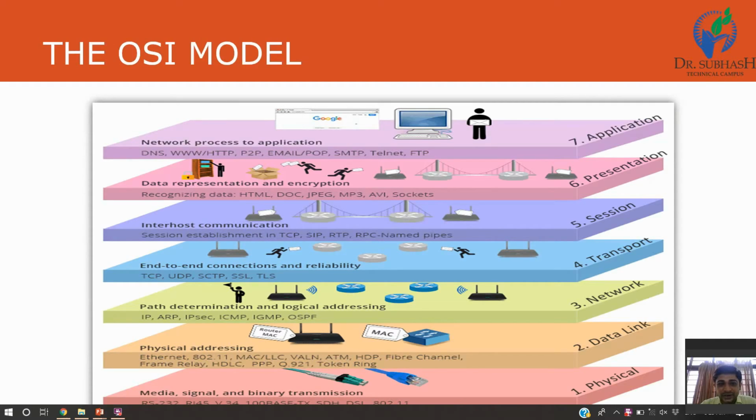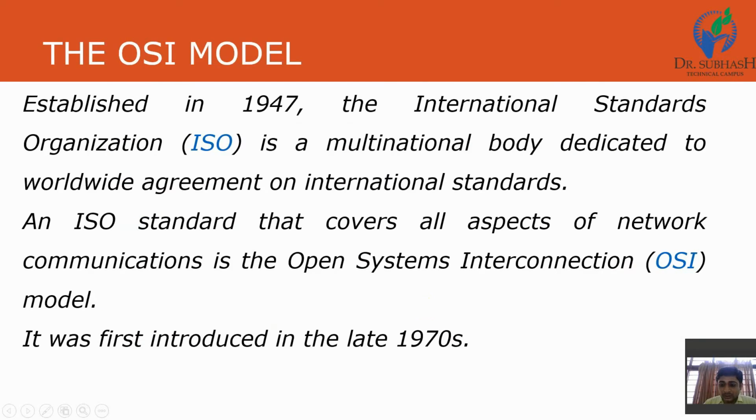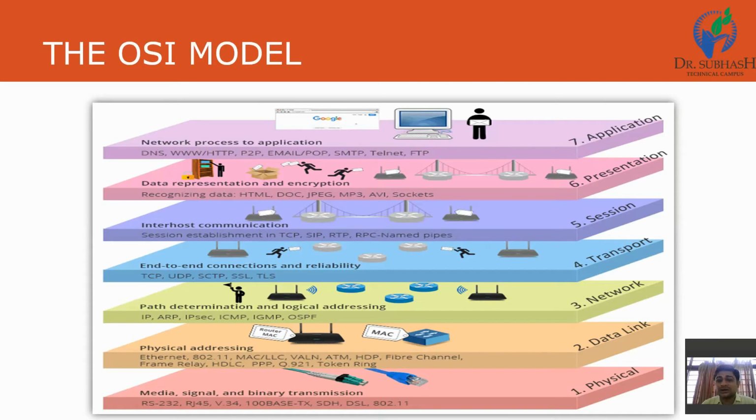In last lecture, we discussed the OSI model. In this model, we discussed the history of OSI, the International Standard Organization, what is the role of it, and why it requires all those things.